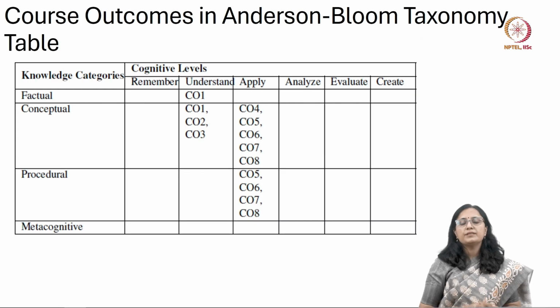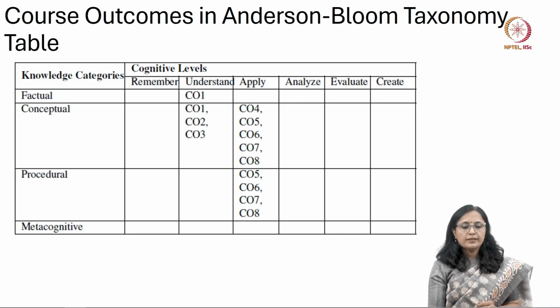Now, in this table, you can see how the course outcomes that we have just discussed about the sample course can be organized in terms of the cognitive levels and in terms of the knowledge categories they belong to. So basically it shows us the spread, and we will use the same taxonomy table for designing the assessment plan and also for designing the assessment items.